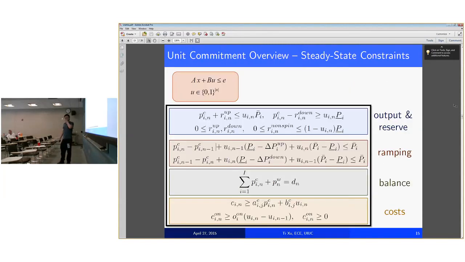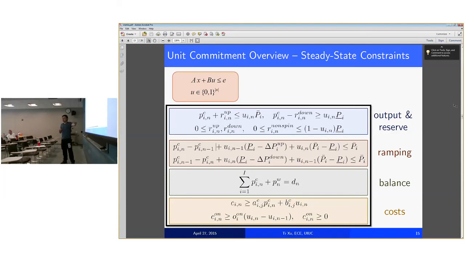And as for the constraints, I just consider the relation between the output and the reserve. It means only the unit has to be online to offer the up and the spinning reserve and the electricity output. And here is the ramping constraint for the unit, and here's the real power balance I consider in the model.